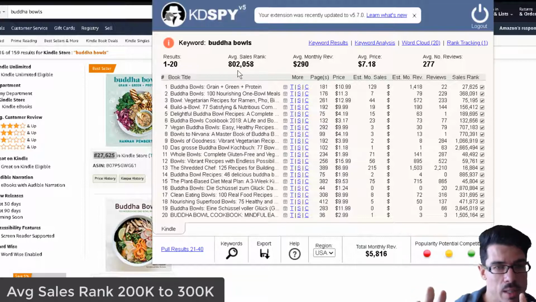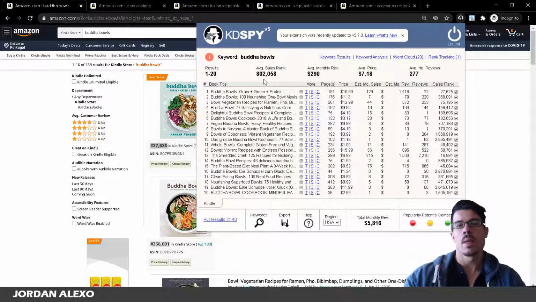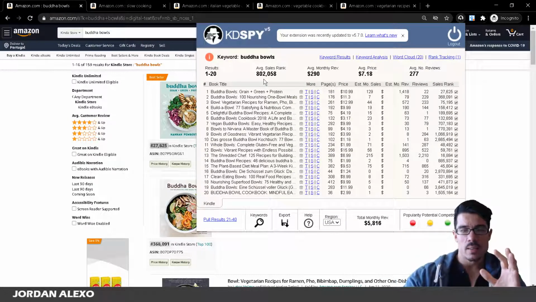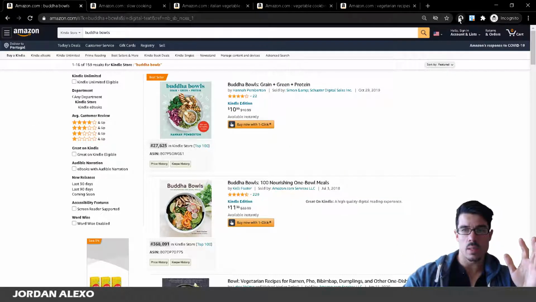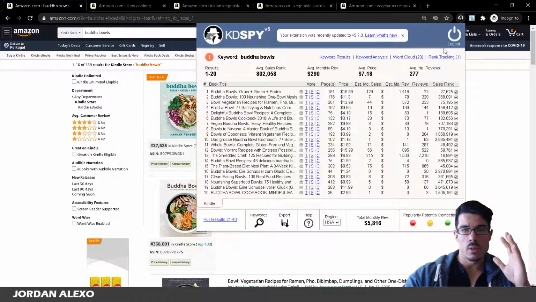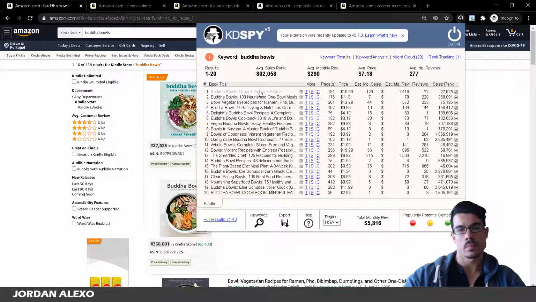I like to keep it around that average sales rank, because this gives me an idea that on average, these 20 books listed over here are doing a decent amount of money. In this case, the sales rank is not ideal.